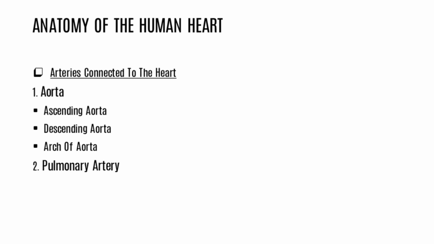So, the arteries connected to the heart. You have the aorta. The aorta is divided into three major parts: the ascending aorta, the descending aorta, and the arch of the aorta. Let's say, for instance, this is the aorta.